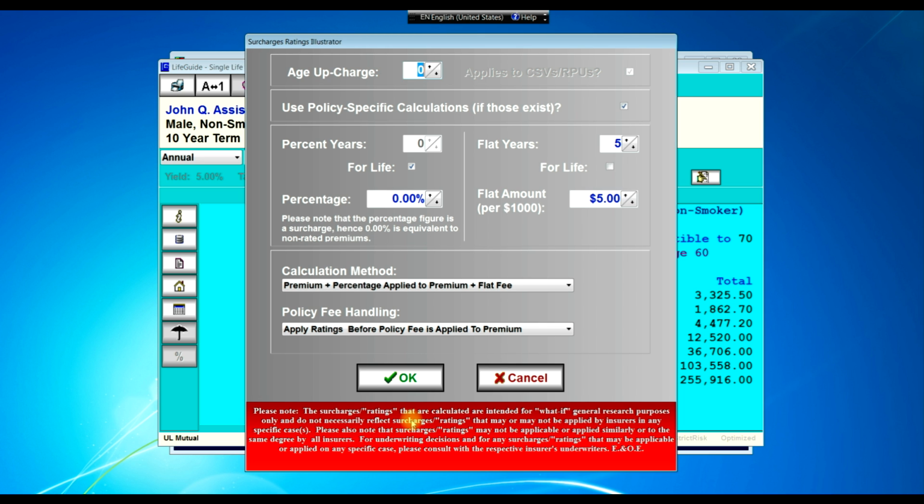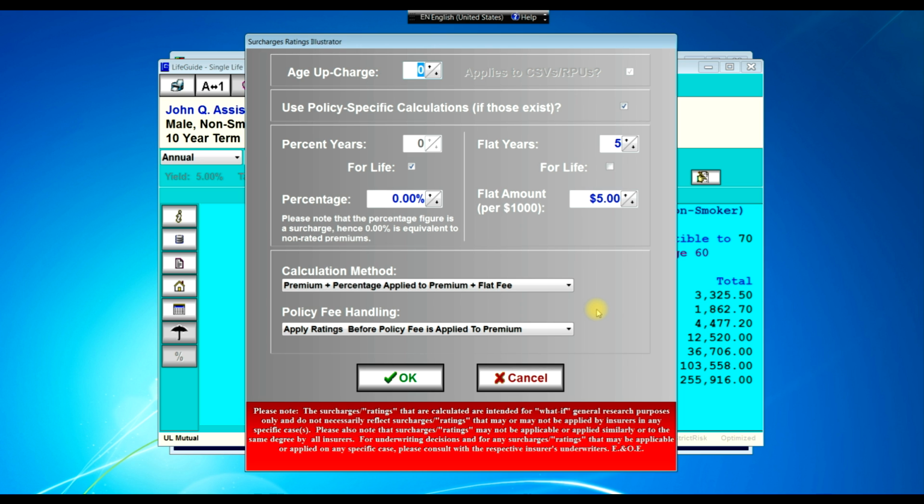Please also note that surcharges or ratings may not be applicable or applied similarly or to the same degree or extent by all insurers. For underwriting decisions and for any surcharges or ratings that may be applicable or applied on any specific case, please consult with the respective insurer's underwriters. Again, this is a what if rather than what is.